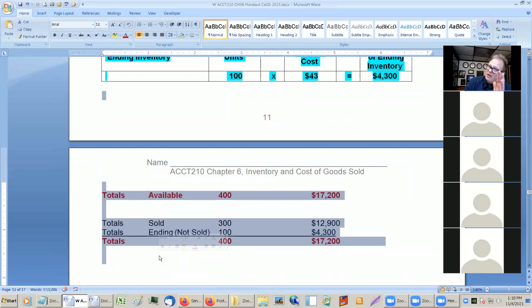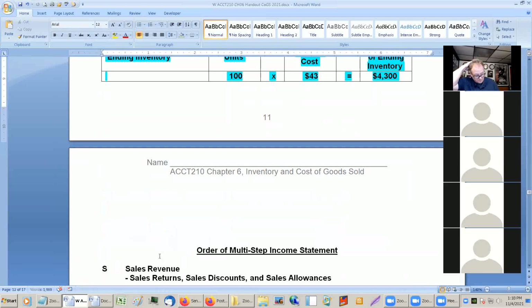Just take the last ones in for the ending inventory. It's confusing because of the terms last in, first out and all that kind of stuff. But taking the ending inventory sometimes is a quicker way of getting the cost of goods sold.